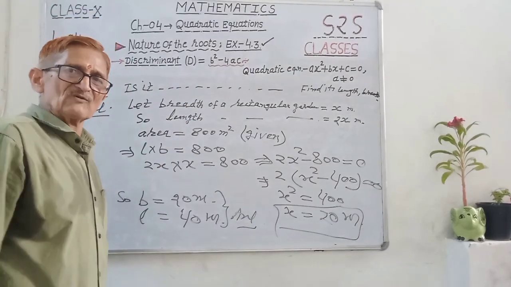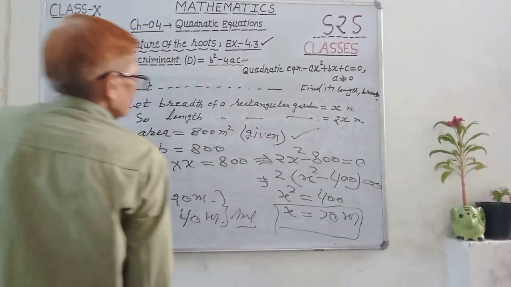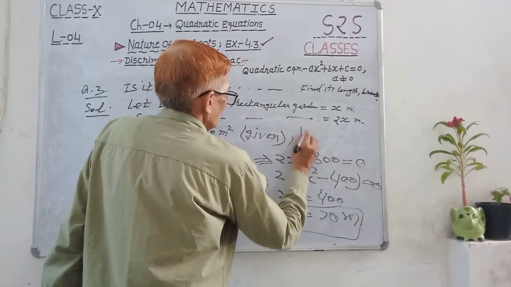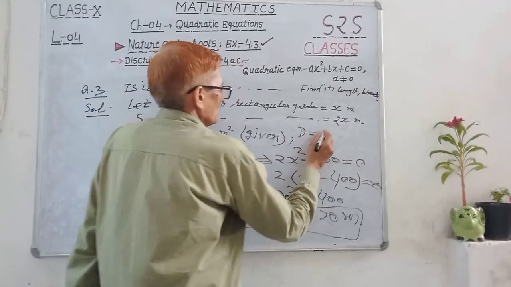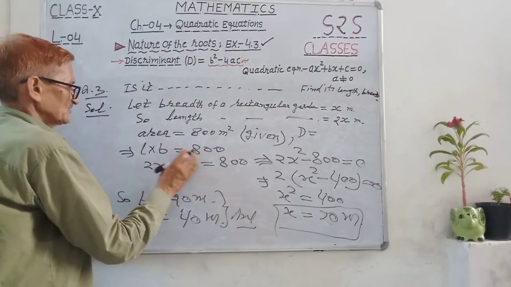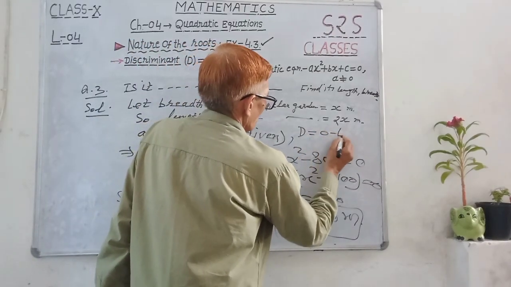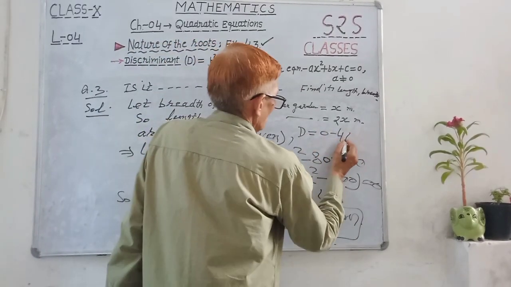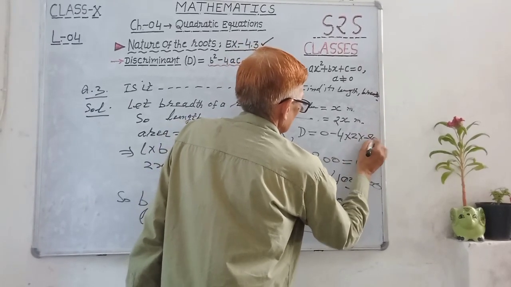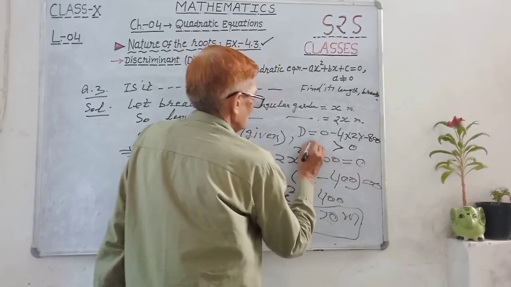Okay, and the design is possible. We have to write that the rectangular design is possible. Now we can show the discriminant here: b square minus 4ac. What is b? There is no x term, so b is 0, minus 4 into a, which is 2, into c, which is minus 800, so it is positive, greater than 0.